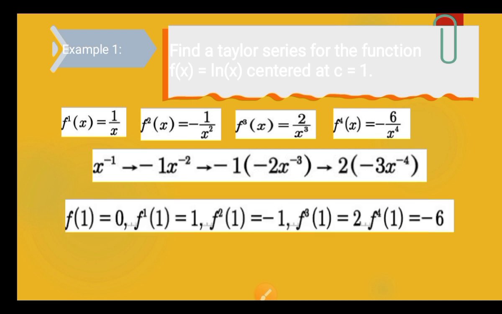So we have f of x equal to 0. f of 1, where the value of x is 1, is equal to 1. f squared of 1 is equal to negative 1. Then f cubed of 1 is equal to 2. f fourth of 1 is equal to negative 6.